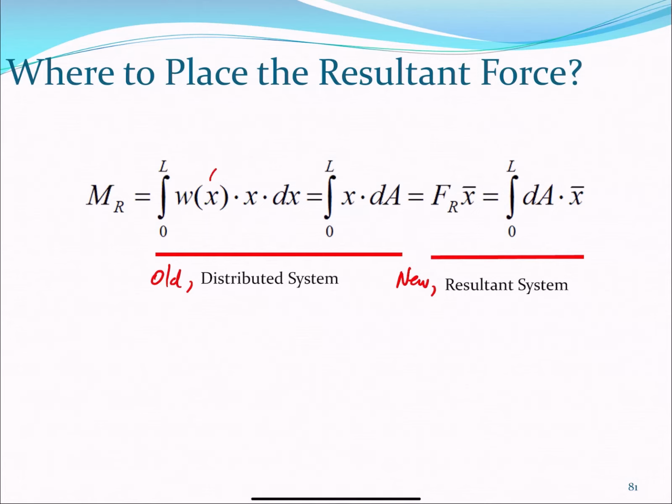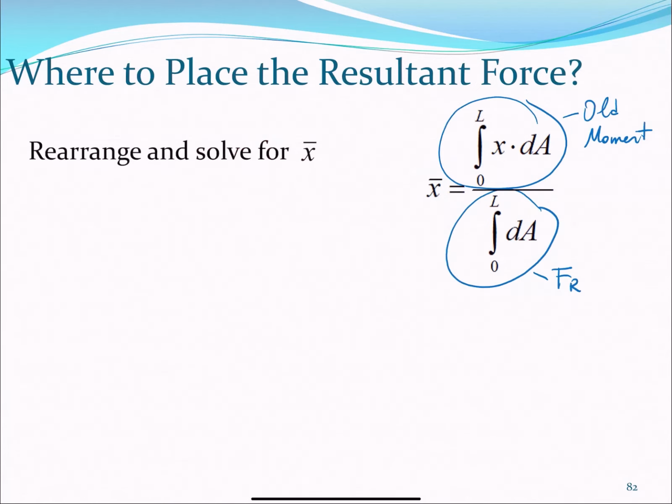So you see here, this is my df, and this is the moment arm, which is equal to x, the arm, times the area. df is an area, equal to the force times the moment arm. We have the same thing in the right hand side and the left hand side. And finally, we can write an equation for x bar, which is the old moment divided by the resultant force, which is the area underneath the curve.